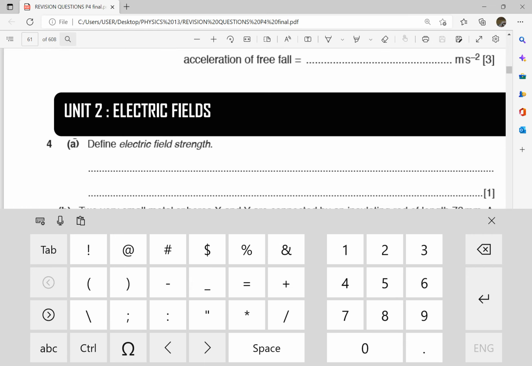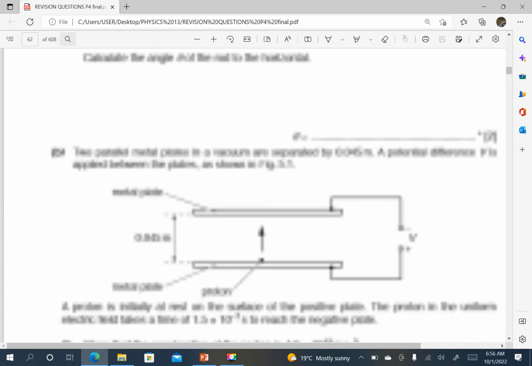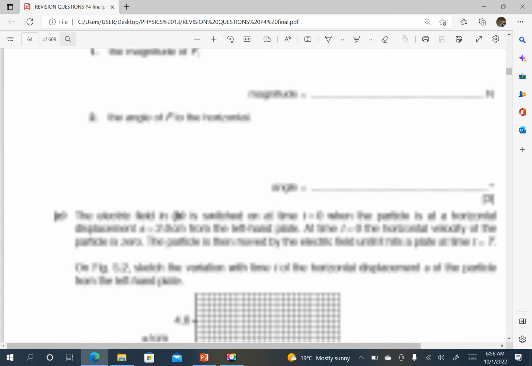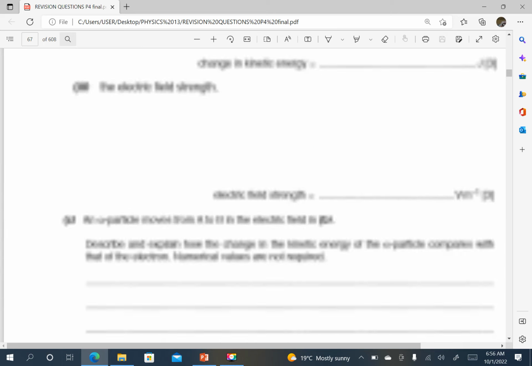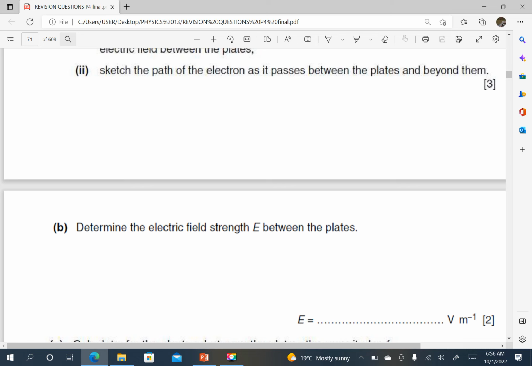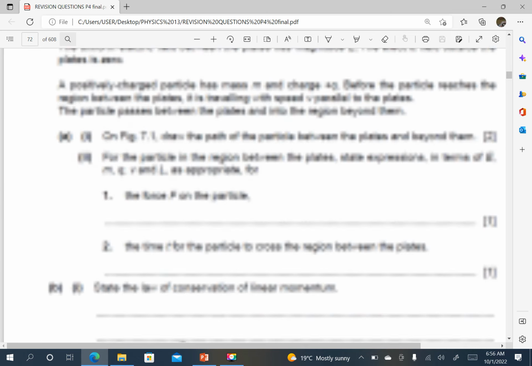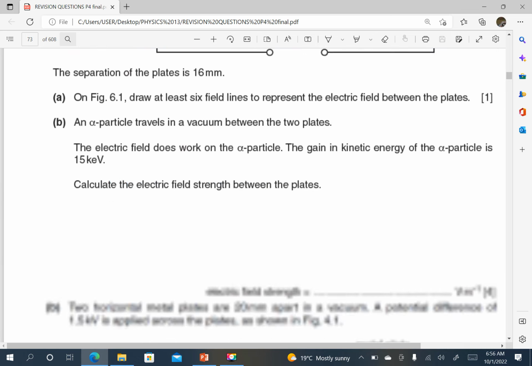We had finished the part on uniform electric fields, and today I want us to concentrate on non-uniform electric fields, or electric field due to point charges.